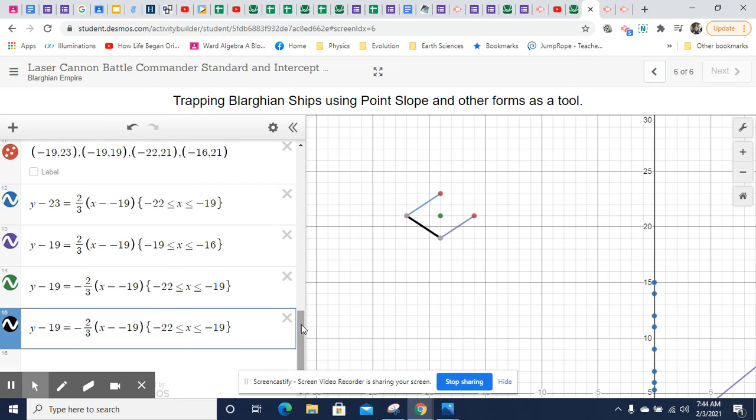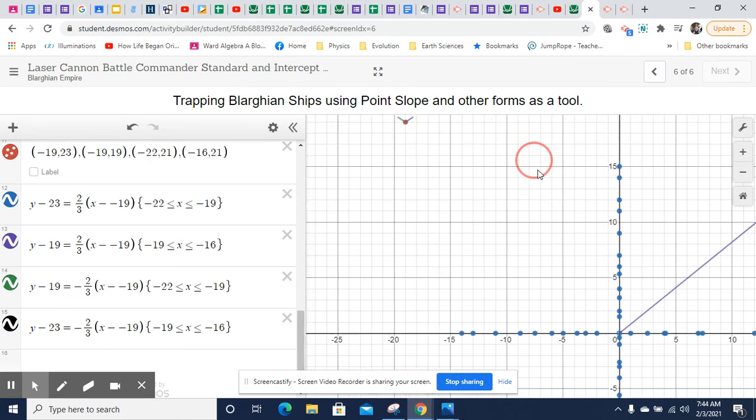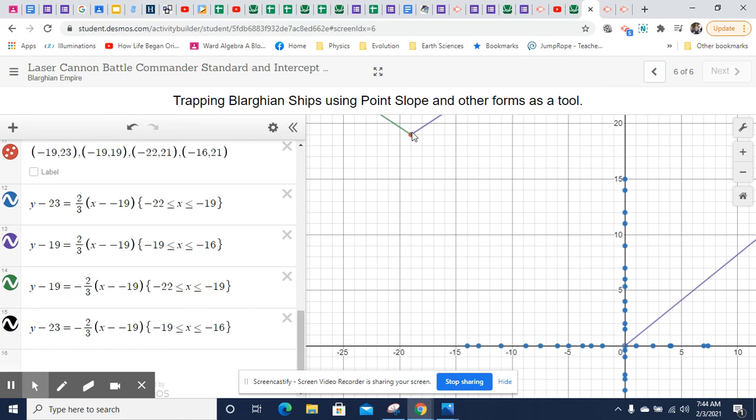Oh, and you get to see me sorting out a mistake. So I just changed this line accidentally, so I'm going to change it back. So this should now be 23, and my inequality should now go from negative 19 to negative 16, and it still works.